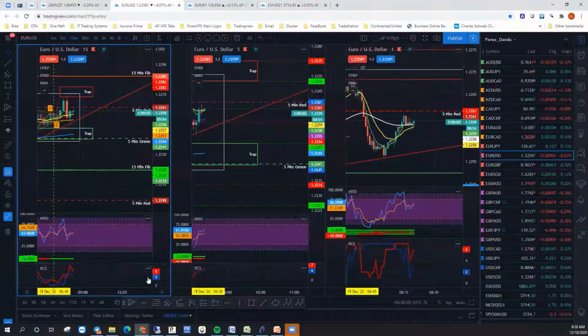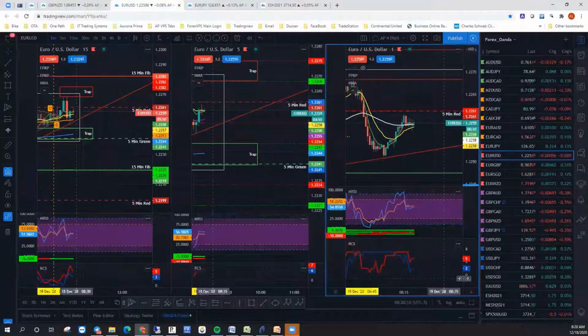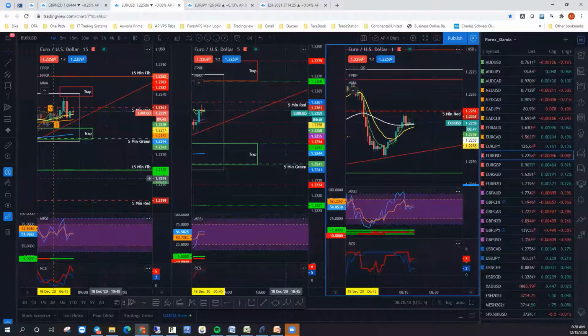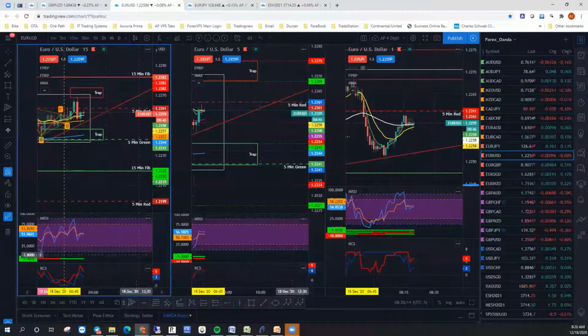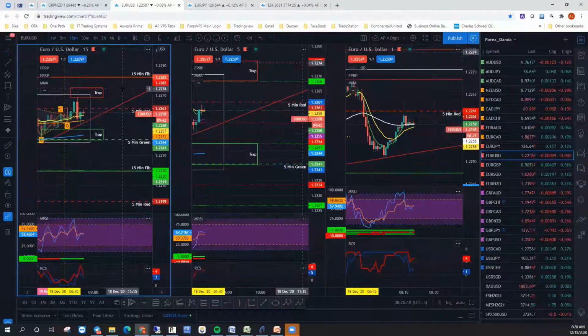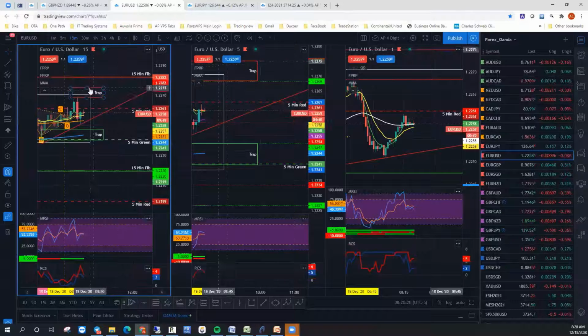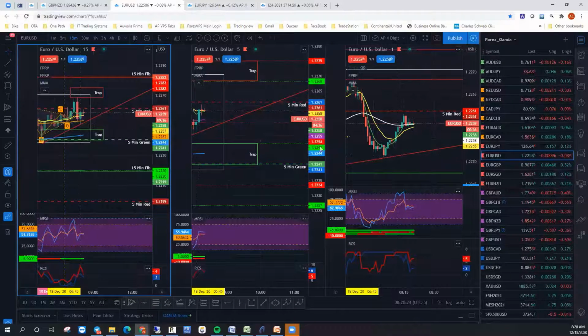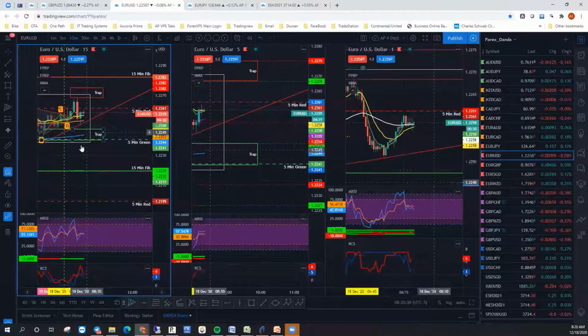We have our 5 and 3s. Euro is still showing stronger on all 3 time frames, but not by a lot. There's just not enough opposing strength to get that momentum going to the other side. So right now, I just view that as ranging in between these 2 areas. This red trend line just confirms that it's not ready to break out yet.